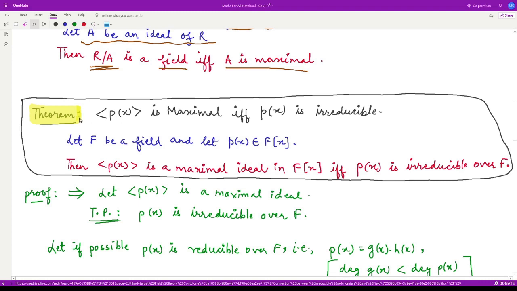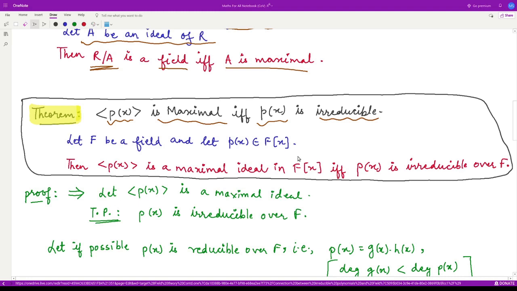This theorem says that if you have any irreducible polynomial p(x), then the ideal generated by this irreducible polynomial is maximal. And conversely, if the ideal generated by some polynomial is maximal, in that case that polynomial p(x) is irreducible, right? So we need to prove this.